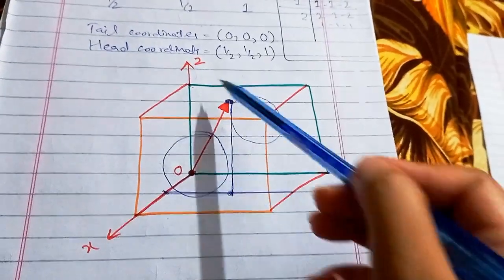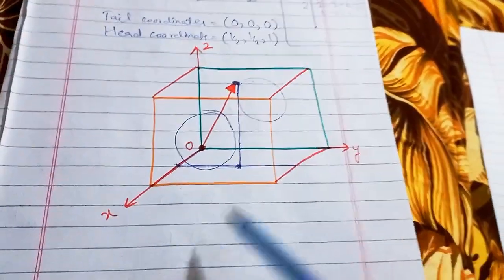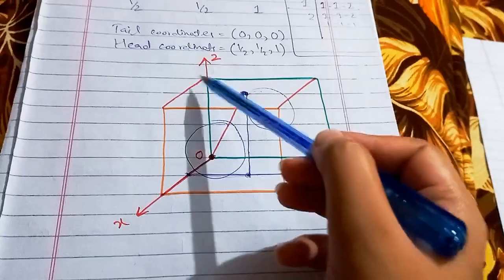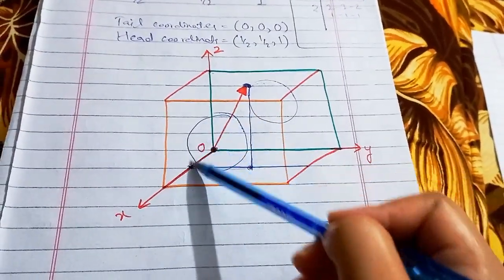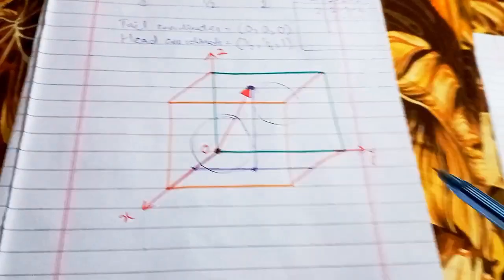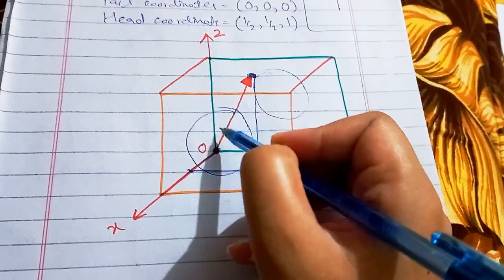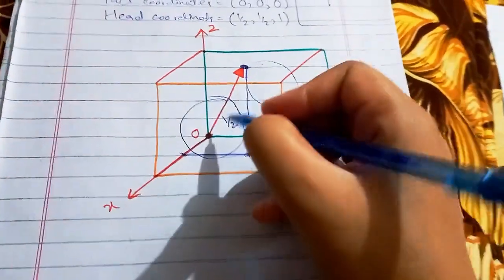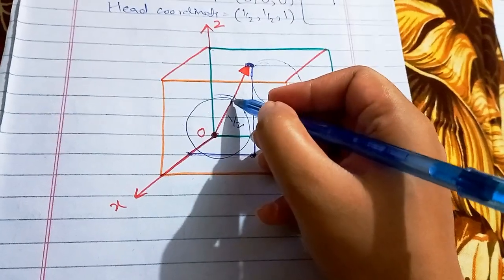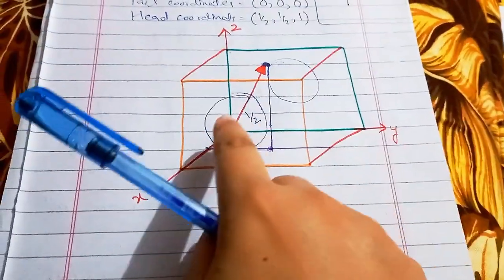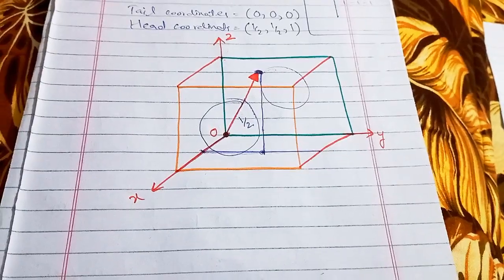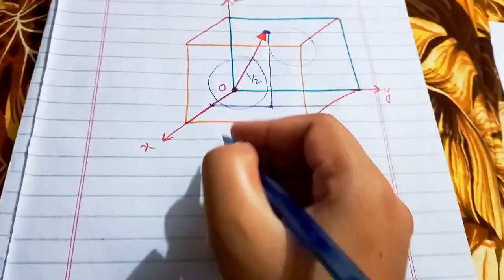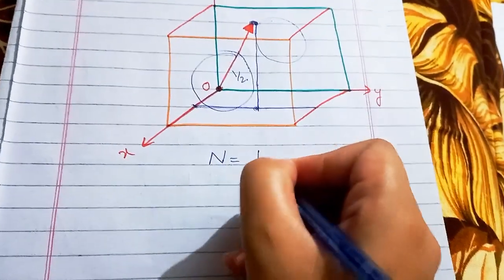Similarly here, if you draw it, none of the other atoms will be lying on this line. Only this atom contributes to the line. Clearly you can see only half the diameter of this atom is inside the line, so it's half contribution by this atom. All right, so the net number of atoms lying on the line is 1/2 only.